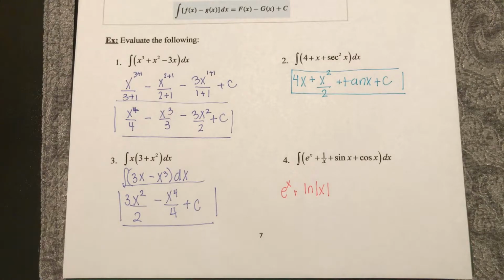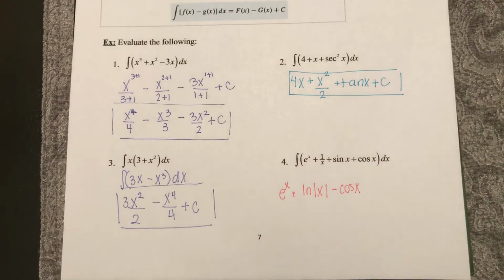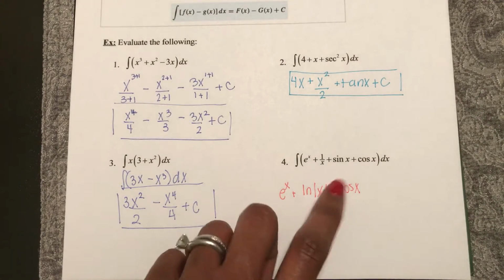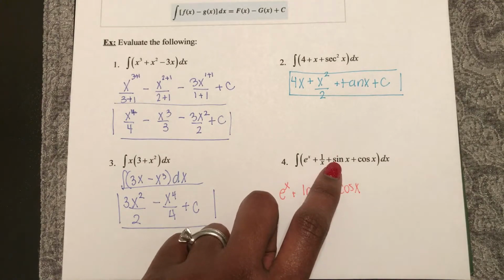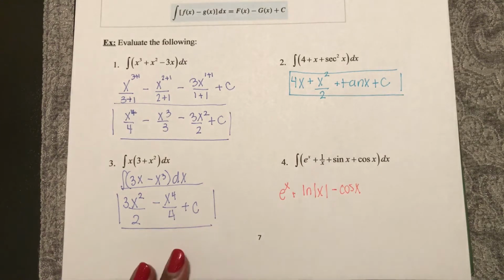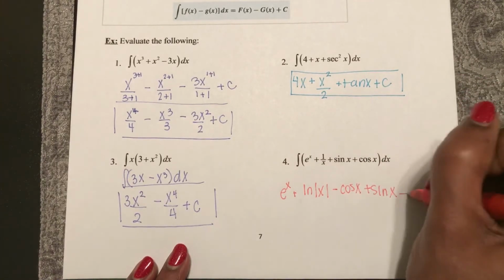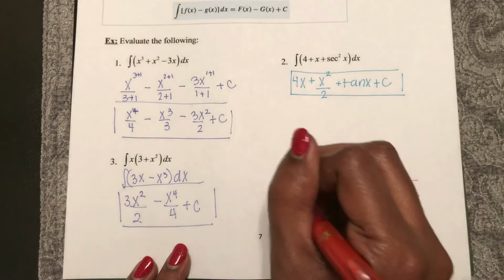The antiderivative of sine x would be negative cosine x, because remember, normally the derivative of cosine x is negative sine, but since it's a positive, it's negative. And then the antiderivative of cosine is sine x, and then plus c.